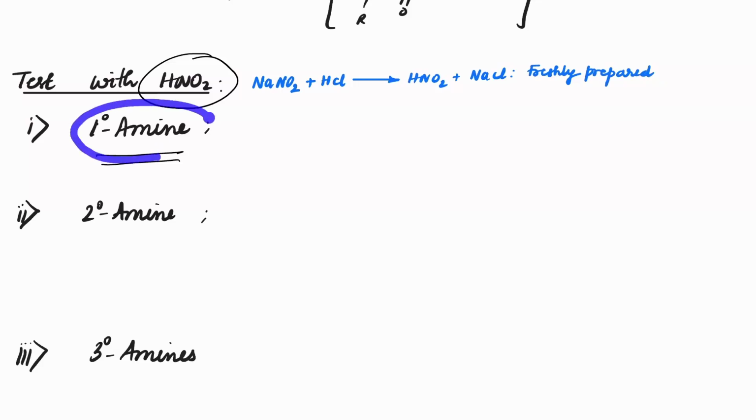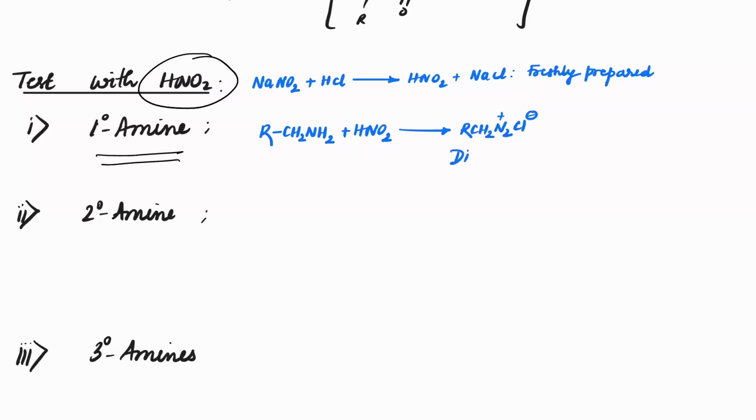Next, notice if we have a 1 degree amine, correct? Something like R, CH2, NH2, and we treat this with HNO2. This will undergo diazotization, which is CH2, N2 plus, and Cl minus. This is diazonium salt.